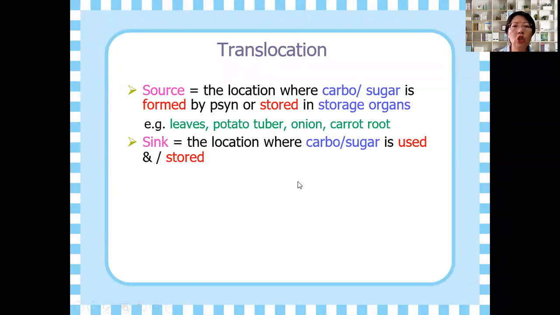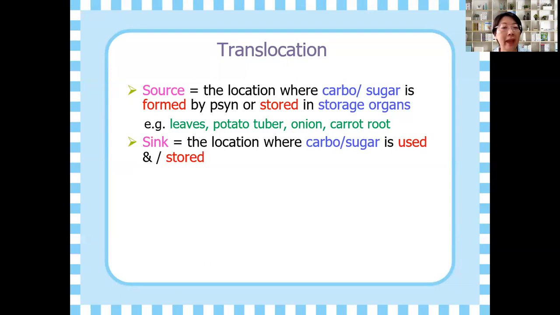Okay, source is any location in the plant where carbohydrate and sugar is formed by photosynthesis or stored in the storage organs. That means to say that when we want to translocate sucrose, where does the sucrose come from? It can come from the photosynthetic organ of the plant, or it can also come from the storage organ of the plant.